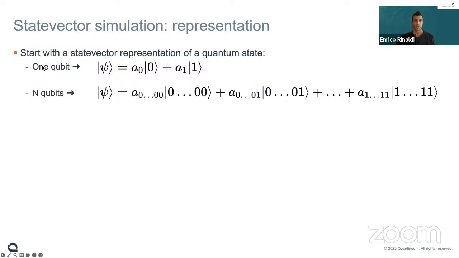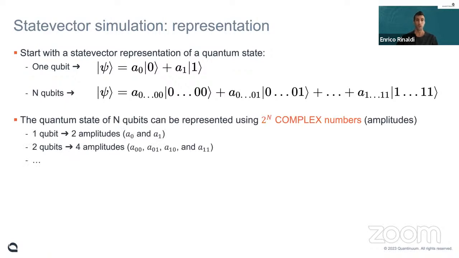So to represent the state of 1 qubit, you need two complex numbers, and you need an orthonormal basis in this two-dimensional vector space. If you have, in general, n qubits, the quantum state of n qubits is just the extension of this, where now you have many more basis states and many more amplitudes, complex numbers.